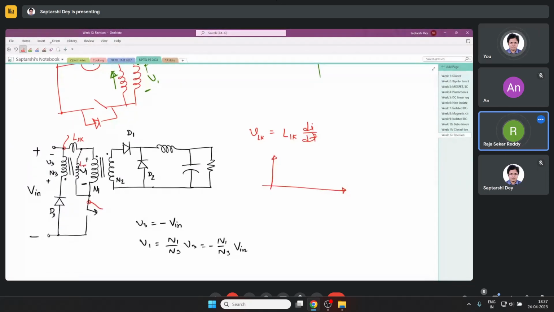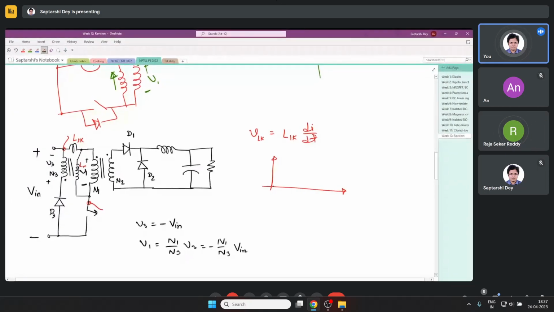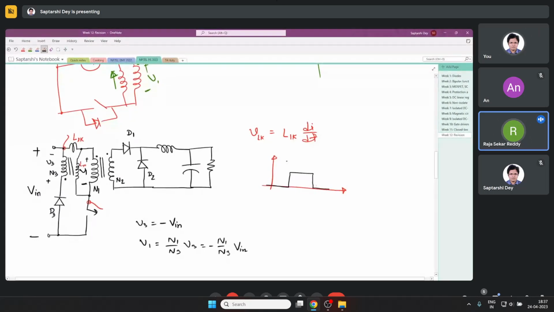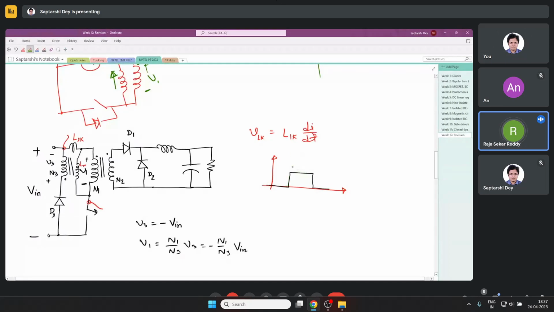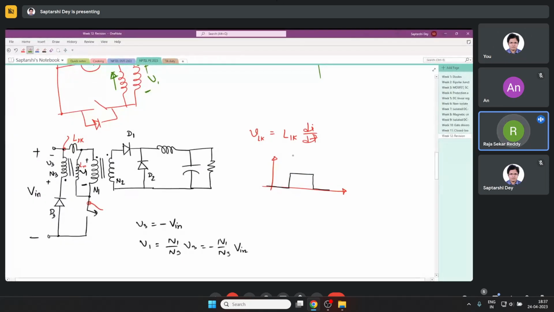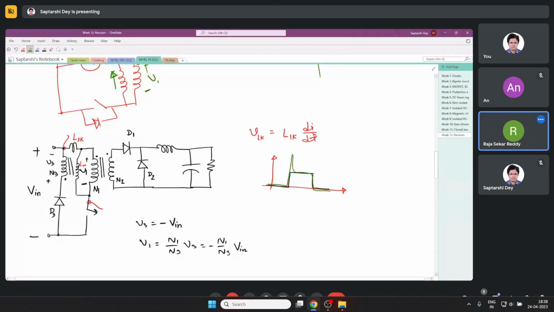So ideally, when turning off the switch, we expect a voltage like this, but we will get to see a voltage like this. The spike waveform is the more practical one, and you have to use a snubber if you want to avoid that.